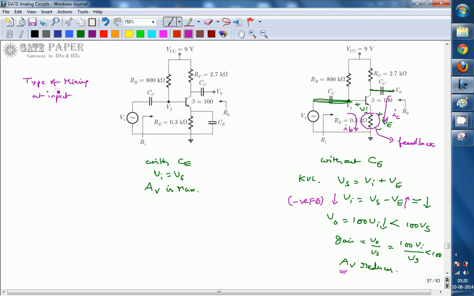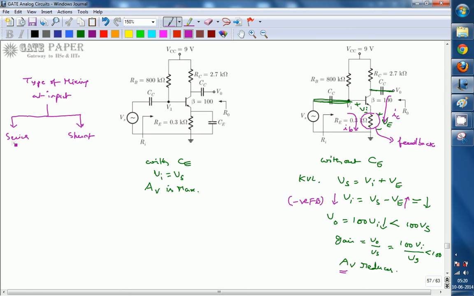The type of mixing at the input side can be series mixing or shunt mixing.